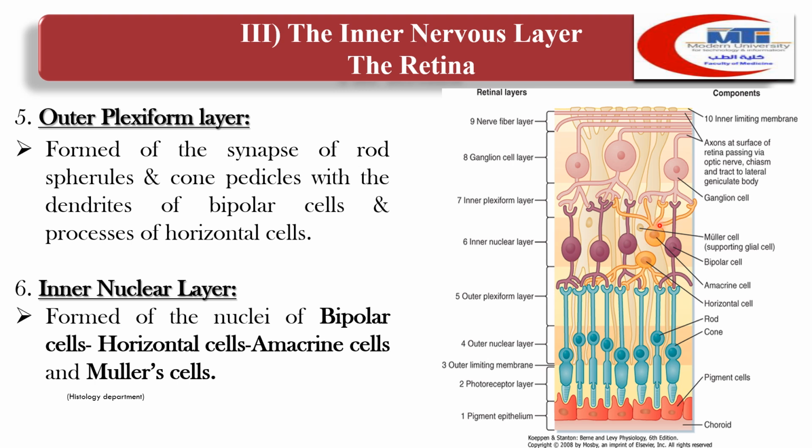This is an amacrine cell, and nuclei of Müller cells. So the inner nuclear layer, again, is formed of nuclei of bipolar cells and nuclei of horizontal, amacrine, and Müller cells.